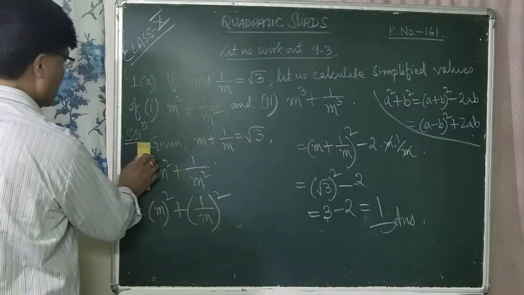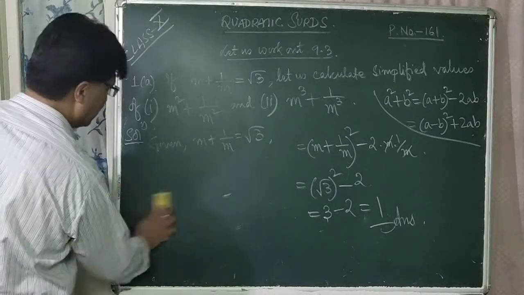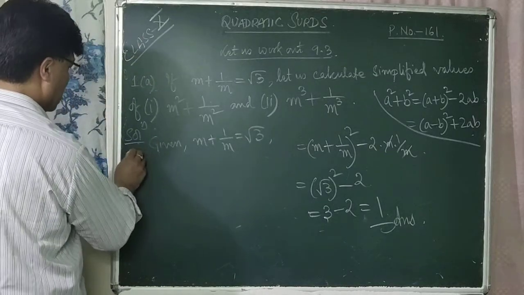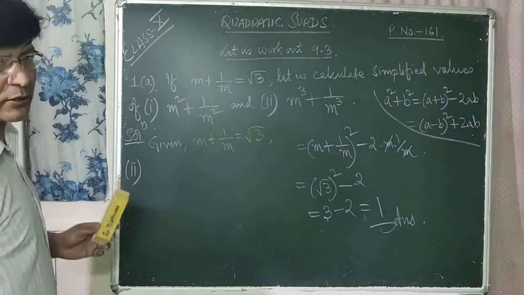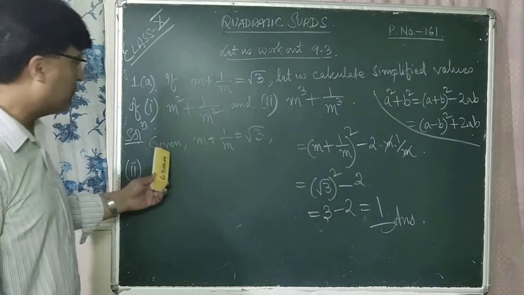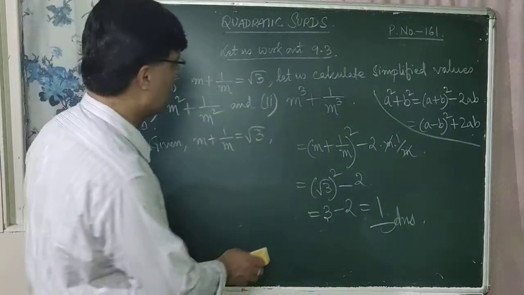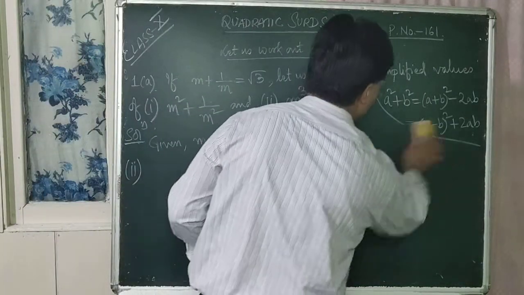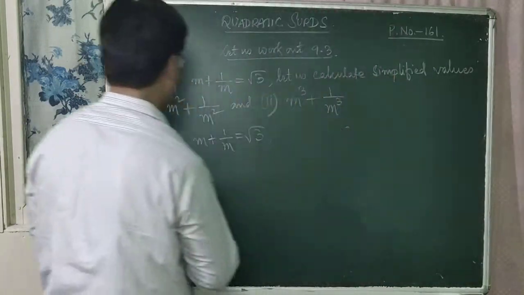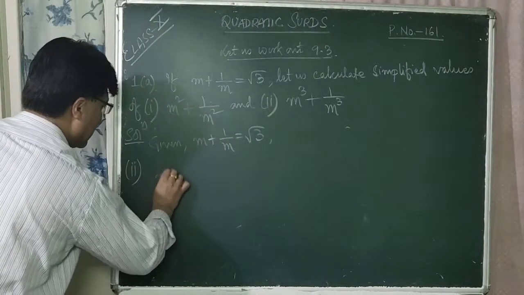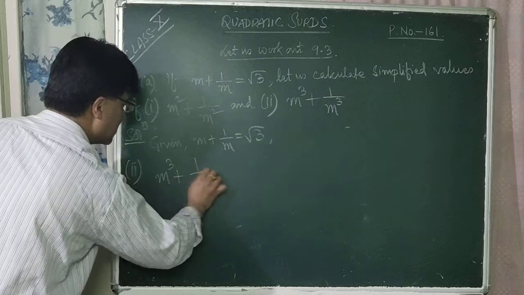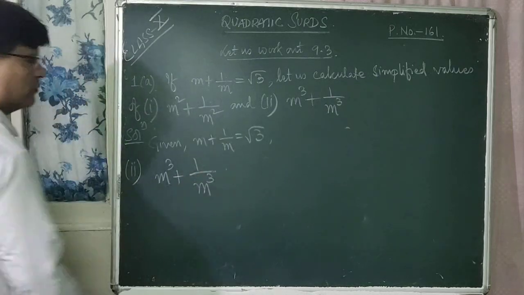Given is the same expression, m plus 1 upon m is equal to root over 3. Now we have to get the value for number 2, that is m cube plus 1 upon m cube.